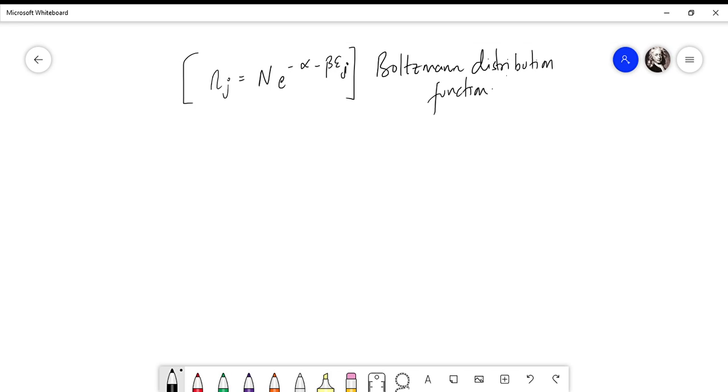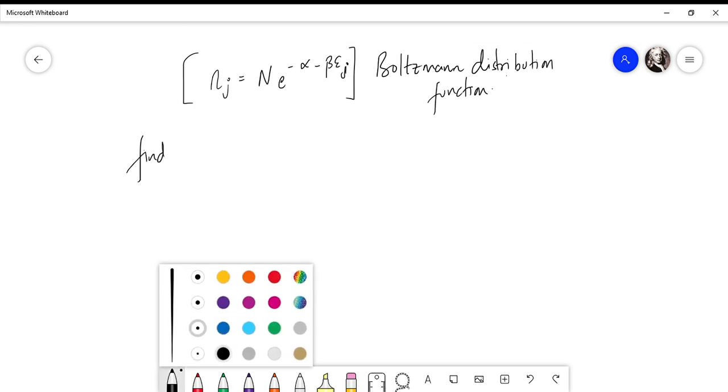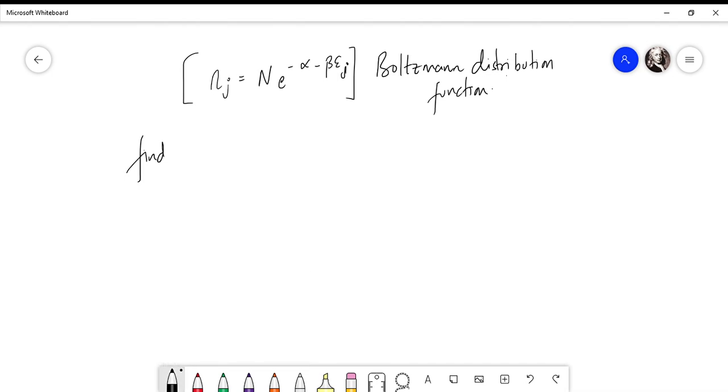Okay, so this lecture here is basically to find, I'll just increase the font size here. It's basically to find the constants, e to the alpha, and beta.